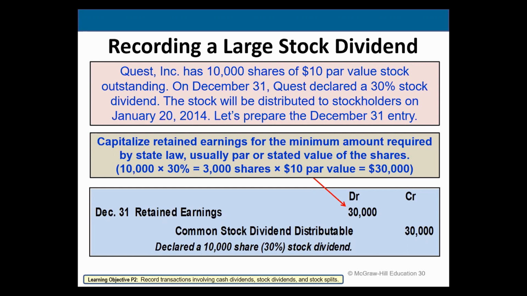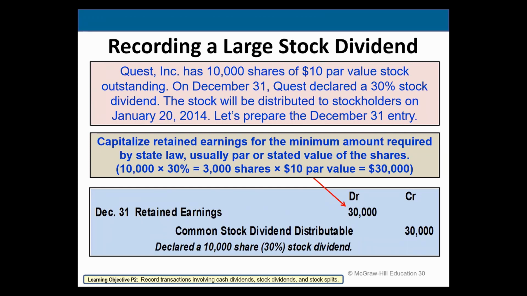Since the dividend is more than 25%, it is treated as a large stock dividend. Thus, the par value of the 3,000 shares, computed as 10,000 outstanding shares multiplied by 30% dividend shares, is capitalized at the date of the declaration with the entry that you see here.